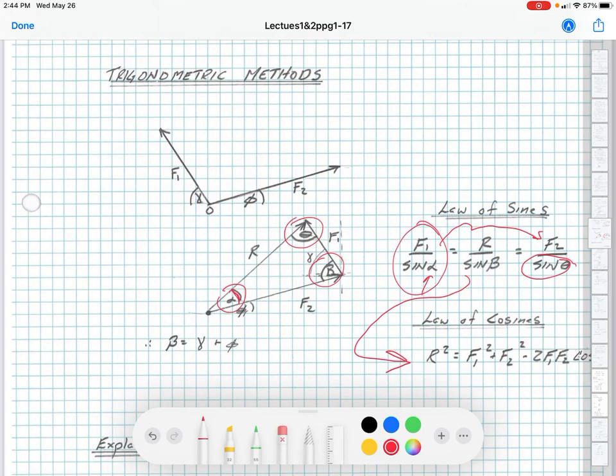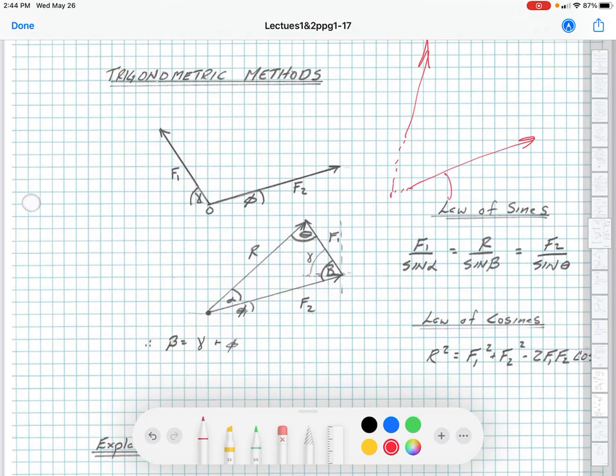So what I want you to do is take some time really looking at the thought process behind what we're doing here. I think on my next lecture, I'll do a couple examples like this. The key thing to remember is whenever we have a force and another force, and we know that they go through the same point, and we know various angles involved, if this is an F1 and this is an F2, then we can take F1 plus F2 and come up with a resultant R and solve for it.